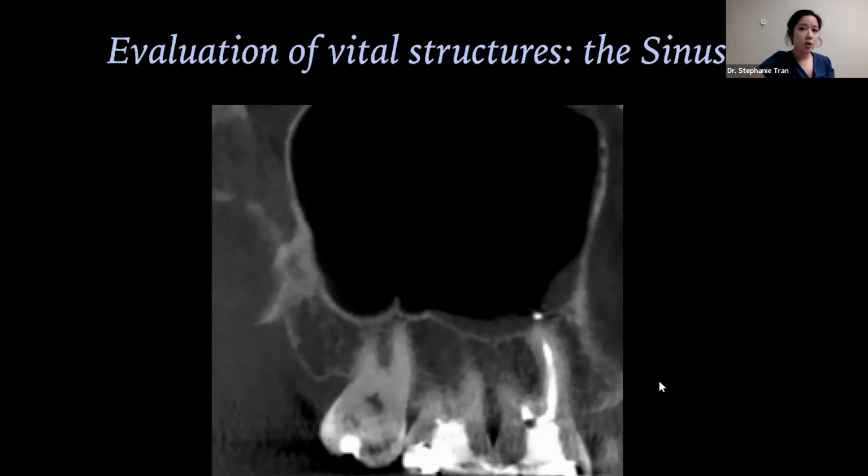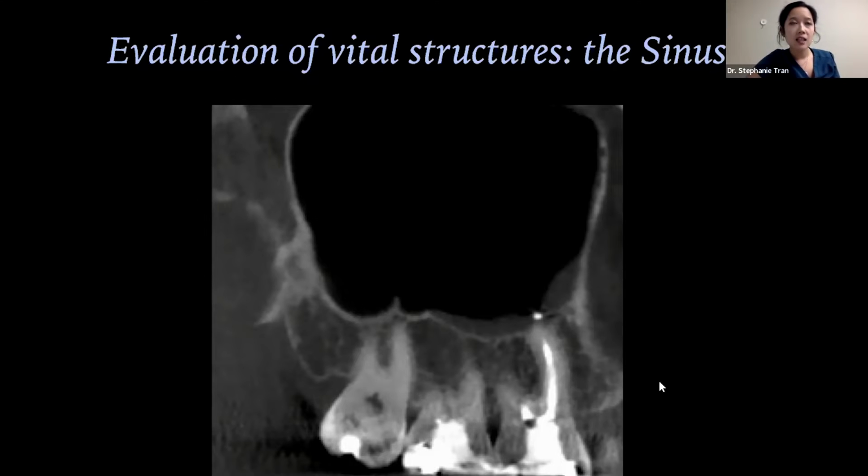Additionally, let's say a patient did not have any tooth symptoms, so vitality testing was all normal, but this patient had been reporting severe pain in an area. Sometimes we can diagnose that it's actually a sinus issue by finding very thick, large thickening areas, or that the mucosal lining has a generalized thickening all around the bottom.